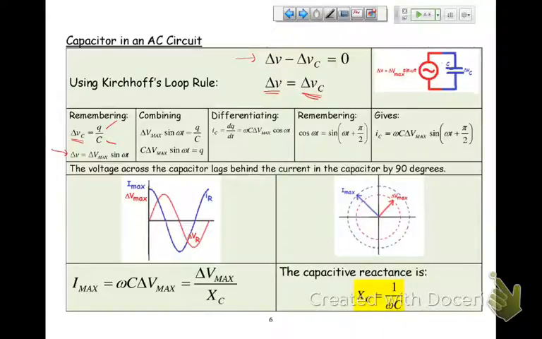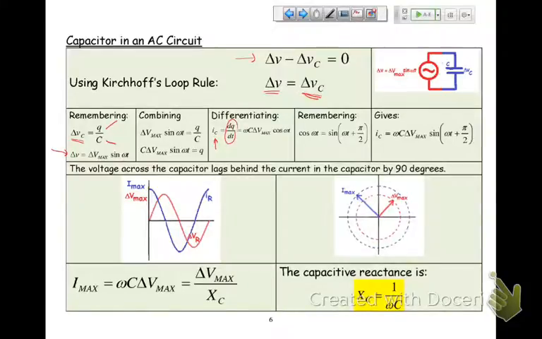So delta V max sine omega t must equal Q over C. Rearranging, C times delta V max sine omega t equals Q. If I differentiate, dq by dt is equal to omega C delta V max cosine omega t. And just remember that dq by dt is equal to I.